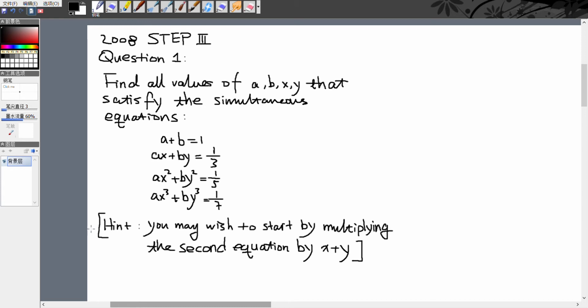And here's a little hint that is provided by the question that says I may wish to start by multiplying the second equation by x plus y.